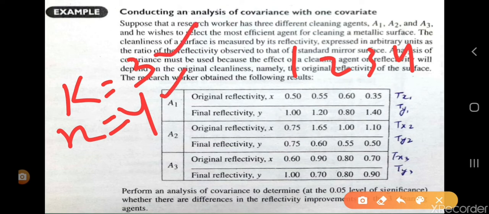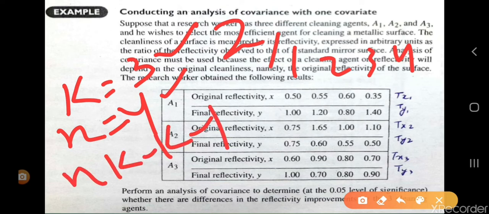So we can calculate the degrees of freedom. Treatment degree of freedom is K minus 1, that is 2. And for errors, degree of freedom is NK minus K minus 1. So NK will be 12, minus K, which is 3, minus 1, so 12 minus 4 is 8.